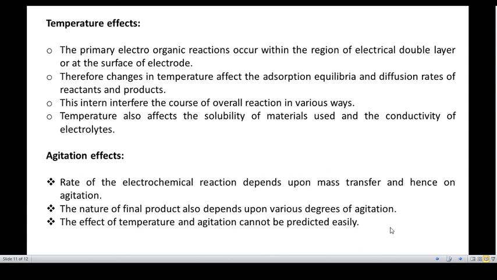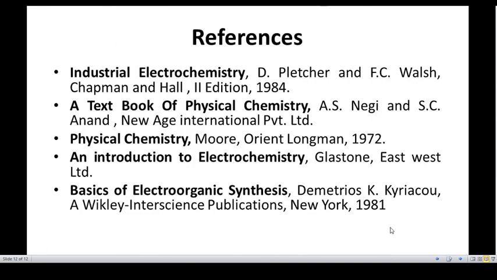Okay, so we shall stop here, and we shall discuss the remaining aspects in our next class. And as usual you can go through these textbooks to understand the selection of electrodes, selection of cell geometry, selection of solvents, etc.